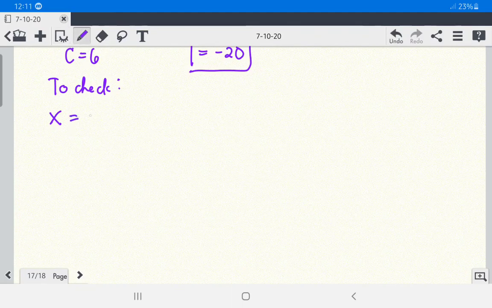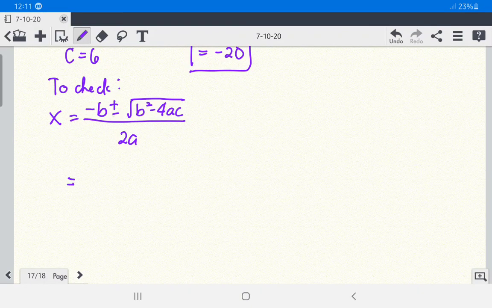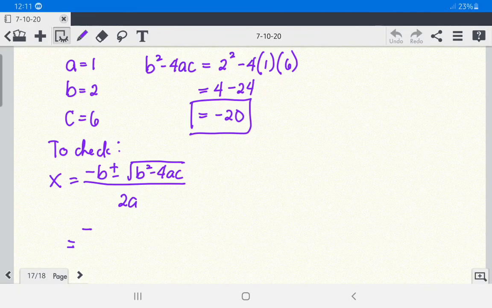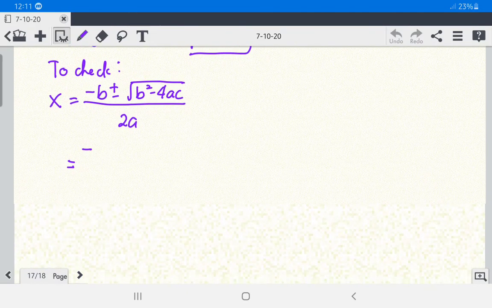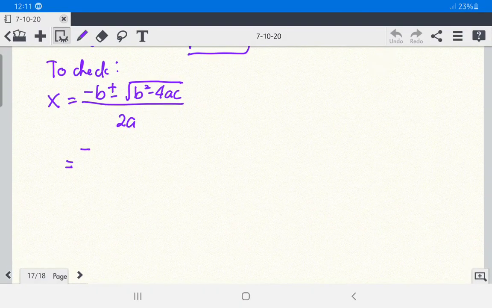So, using the quadratic formula, we have negative b plus or minus square root of b squared minus 4ac over 2a. Then we have negative b. So, we have the value of b is 2. Okay. So, we have 2.